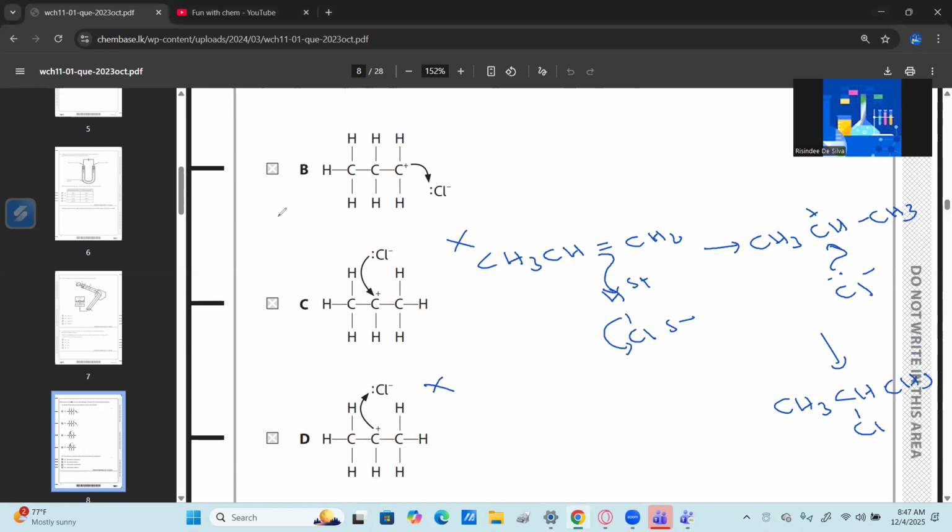C is the correct one. From the lone pair, always in organic chemistry, the arrow is going from negative to positive, not from positive to negative. So the correct answer is C. From the lone pair only, you have to put the arrow to the partial positive carbon atom.